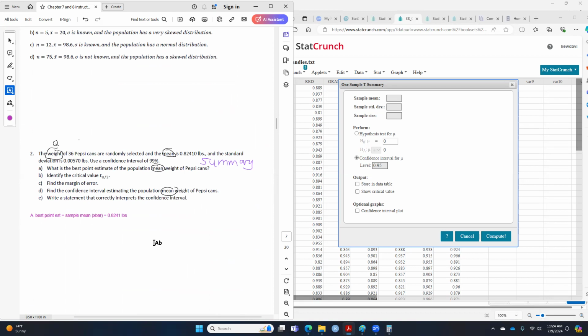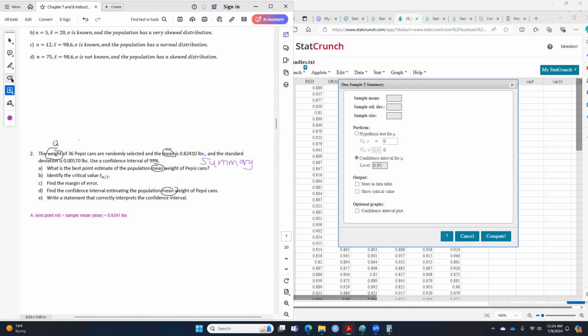Another thing you notice is when we do mean or quantitative, it has units. When you do proportion or categoricals, we don't have any units. The only maybe unit is percent. So make sure you know that sometimes you see a unit, it's a mean.